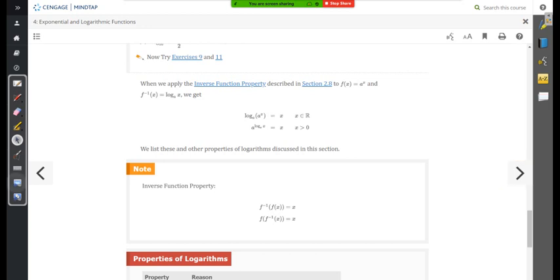Okay, we did talk about this, but we're talking about it again, so it must be relevant here. We've talked about the inverse function property. If you take the composite of f inverse of f of x, you should get x, and if you take f of f inverse of x, you should get x as well. We have talked about that before, and that tells us that two functions are inverses of one another.